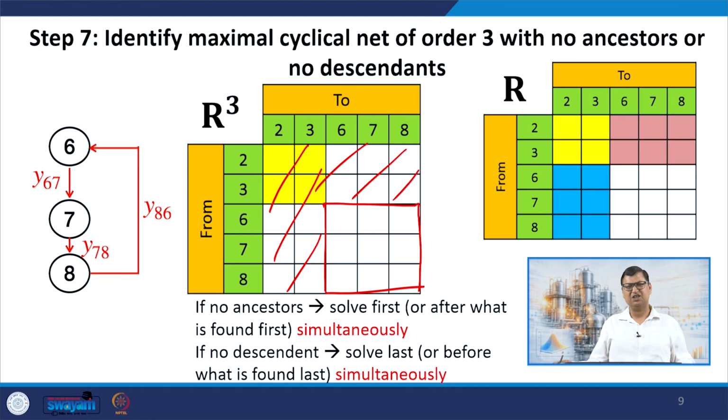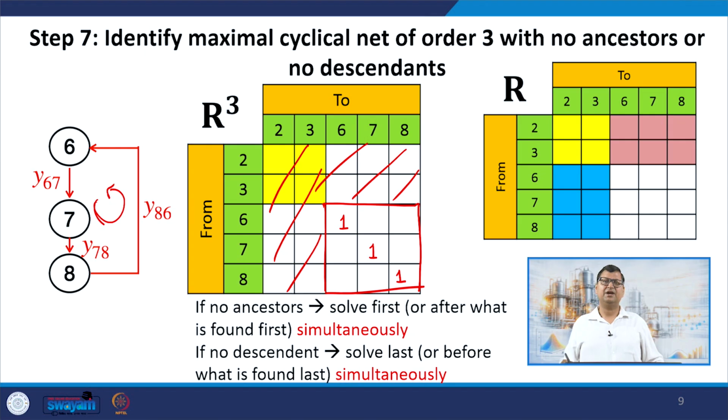And if you do the R cube here, what you will see is that you are going to have ones along the diagonals. Why? Because from 6 I can come back to 6 in 3 steps, first to 7, then to 8, and then to 6. From 7 again I can do the loop, come back to 7 in 3 steps. From 8 again I can come back to 8 in 3 steps.